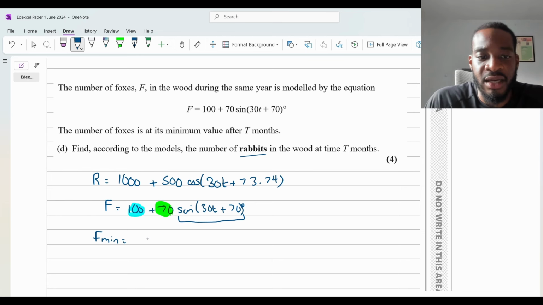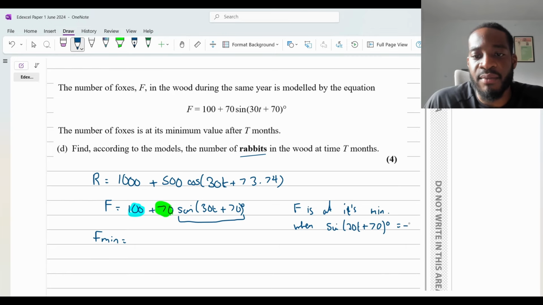So we can just say F min, or F is at its minimum, MIN for short, when this expression is equal to -1.